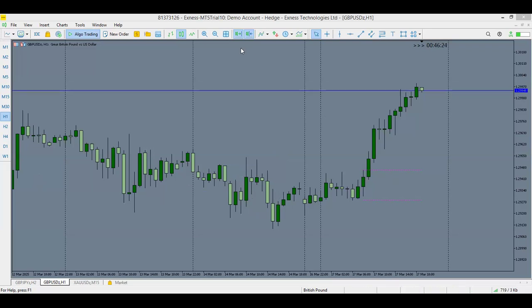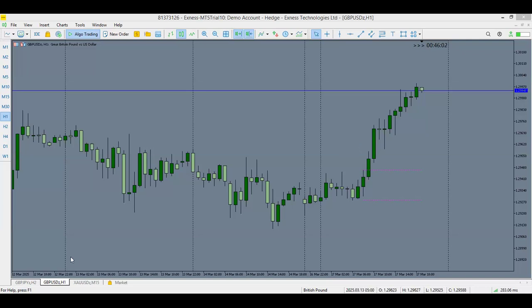So we'll use those two examples, and then let's see, do we have any questions? Is it clear with regards to placing stop loss?